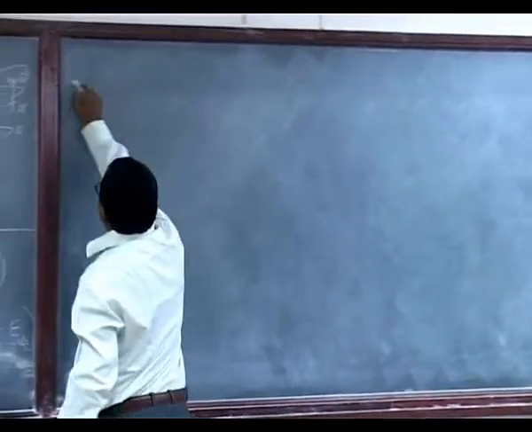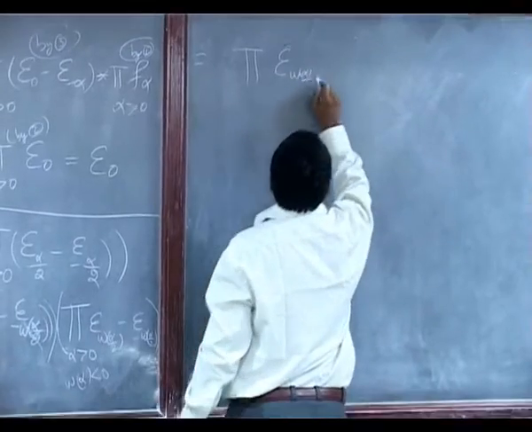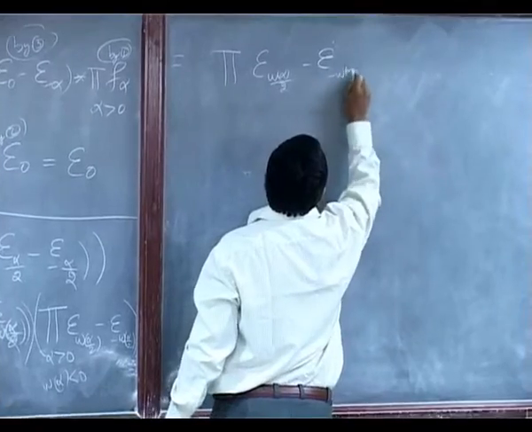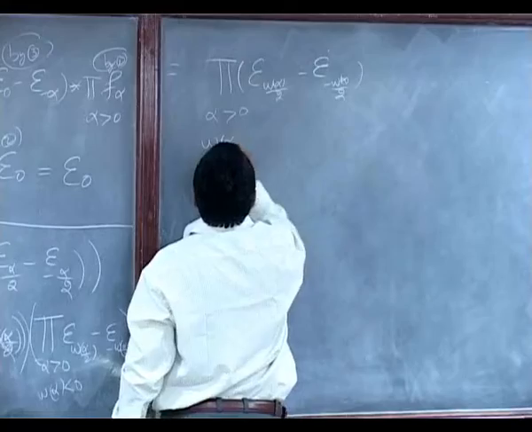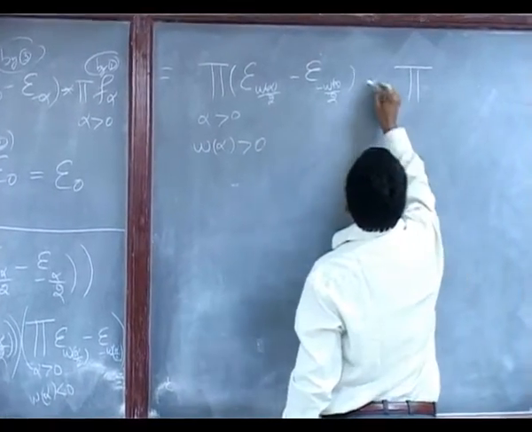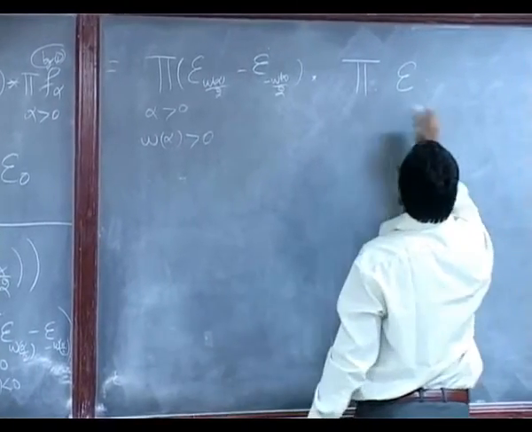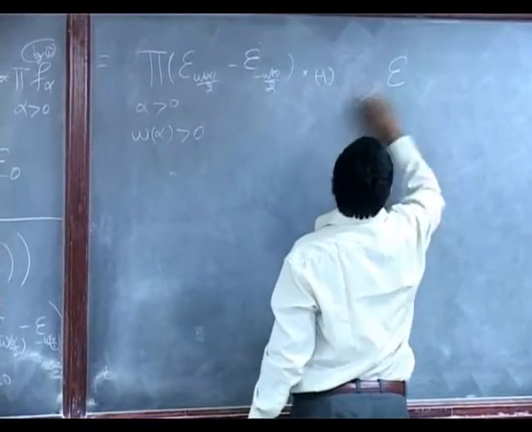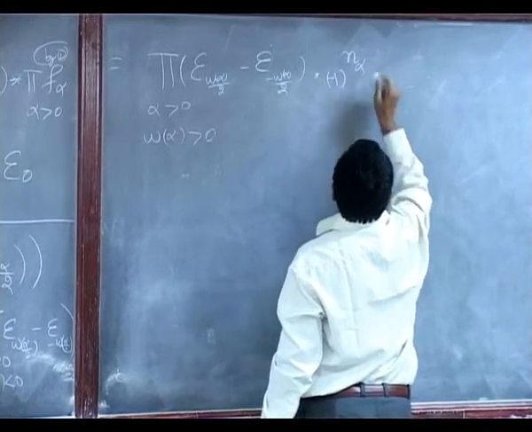So I just this is equal again. So this is no problem. Epsilon W of alpha by 2 pi minus epsilon minus W of alpha by 2, alpha positive, W of alpha positive times, all right, or whatever star epsilon. So minus 1 power alpha, the number n alpha, just NW.